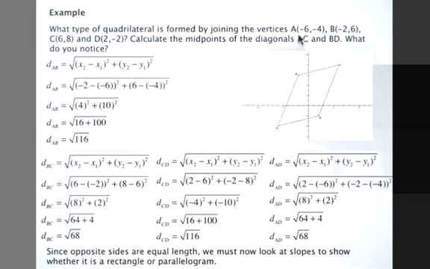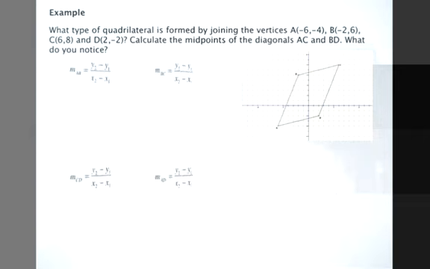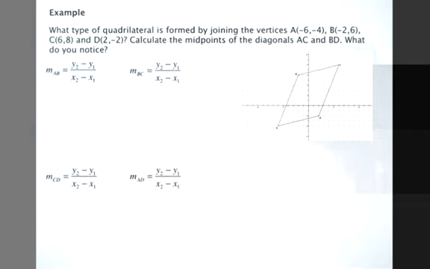One, our points are given up here, so our x1, x2, y1, y2 are simply taken from the vertices given, A, B, C, D in the question. Also, there's no need to actually take the square root on your calculator since we want the exact values and not the decimal approximations. So now looking at slope, we'll set up four slope formulas, one for each side.